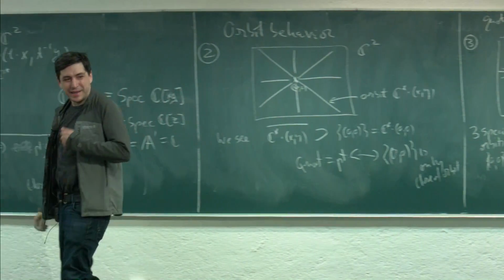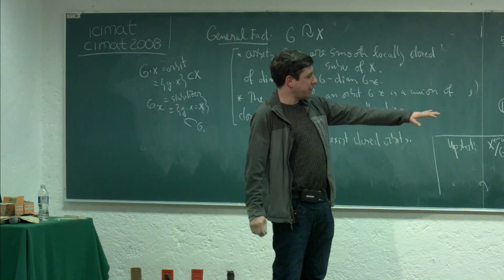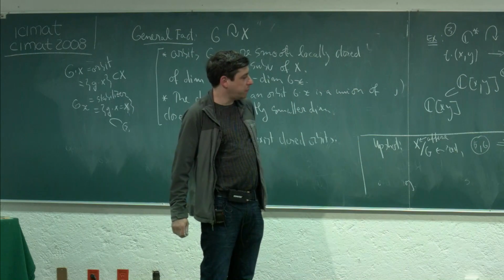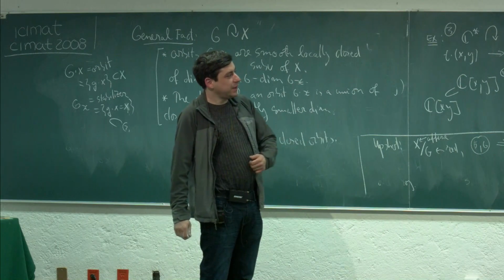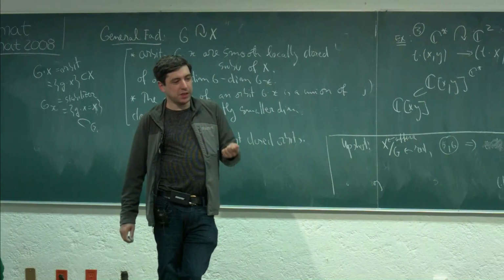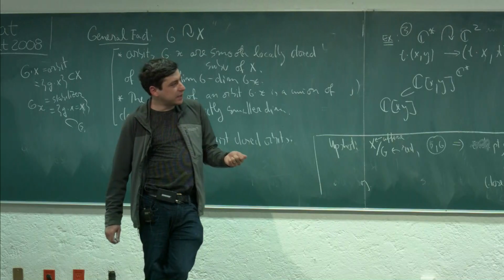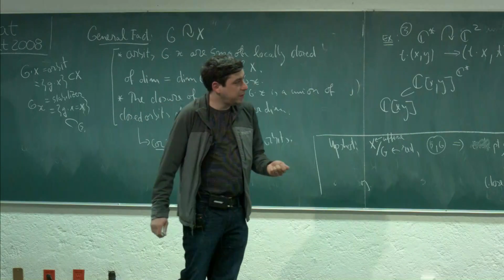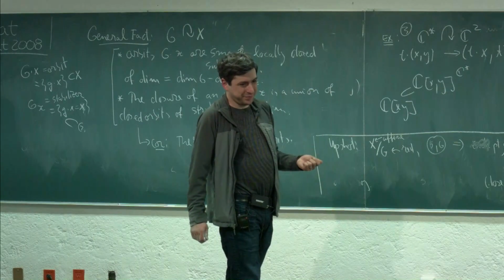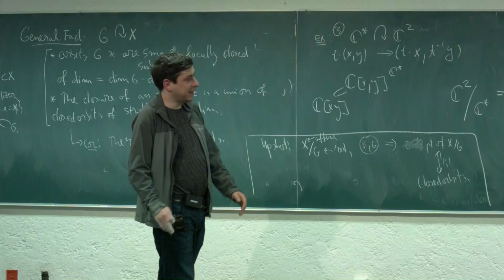The theorem tells me that the points of X mod G are in one-to-one correspondence with closed orbits. In example 3, I computed the ring of invariants and got that the quotient is just C, the one-dimensional affine line.